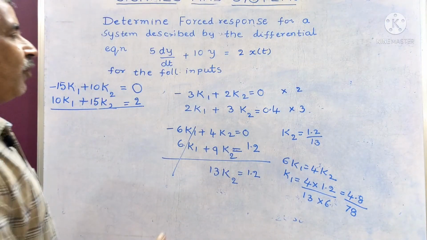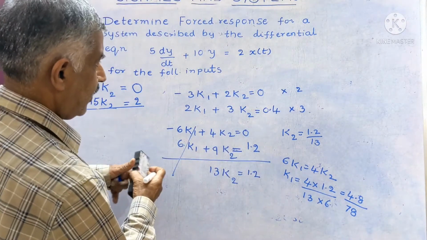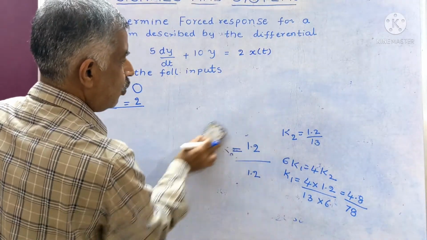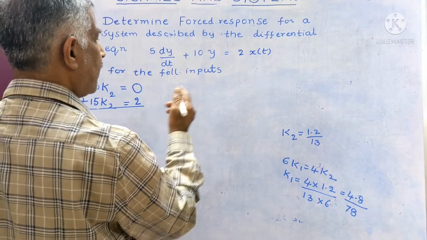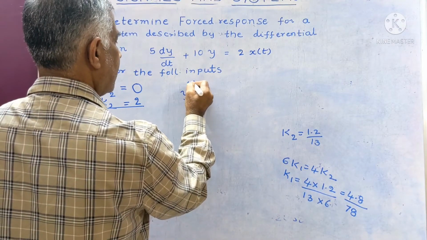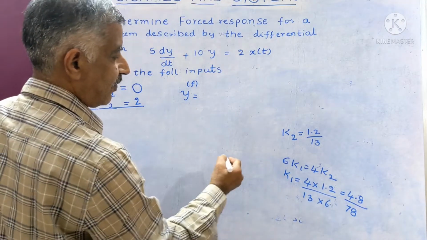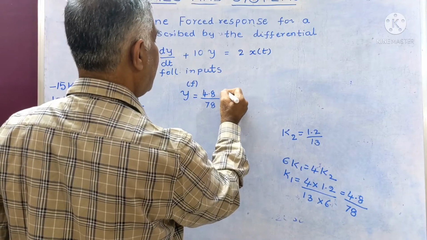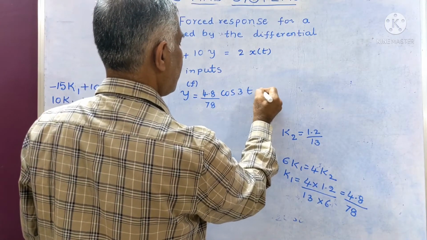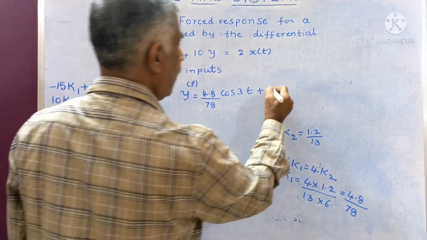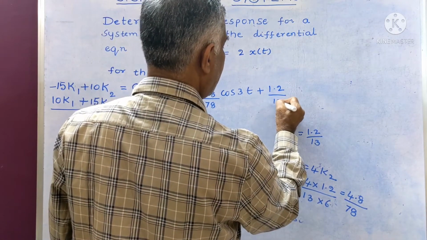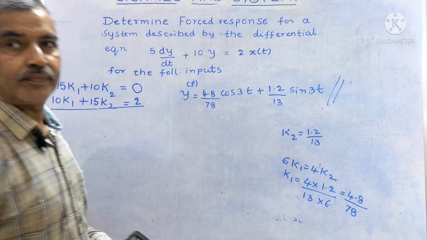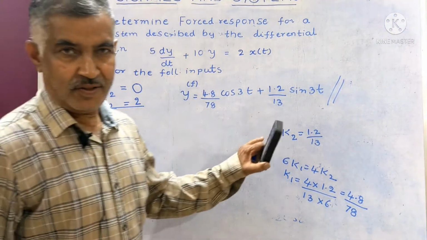Therefore, the forced response or particular solution is: k1 is 4.8 by 78, cos 3t, plus k2 is 1.2 by 13, sin 3t. This is all of the problem.